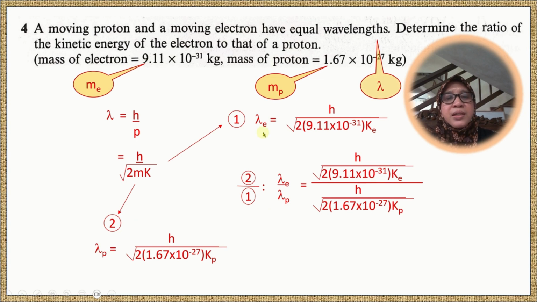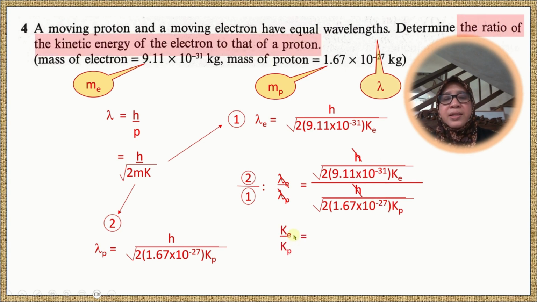Okay, lambda E over lambda P, the wavelength of the electron over the wavelength of the proton. Now we cross multiply here to get the kinetic energy of the electron to the proton. The wavelength can be cancelled out because it is mentioned in the question that they are equal. The Planck constant can also be cancelled out.